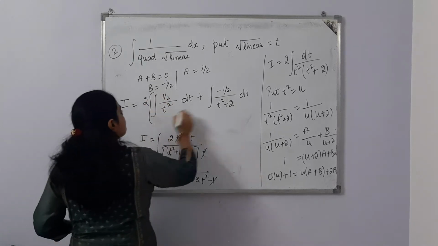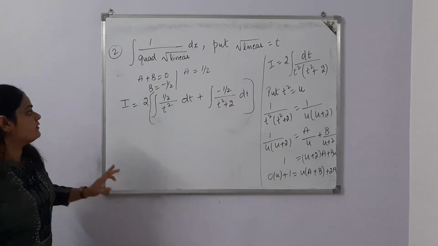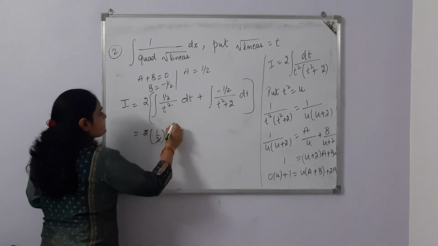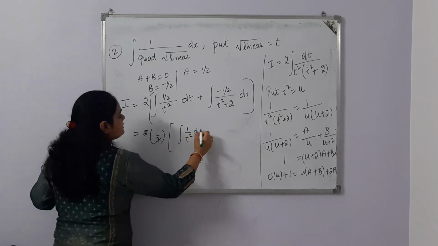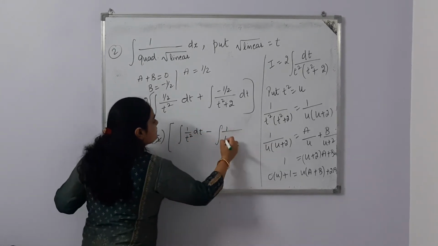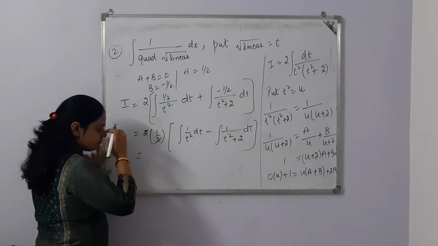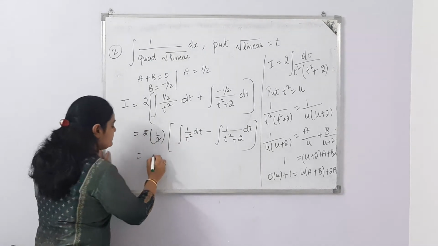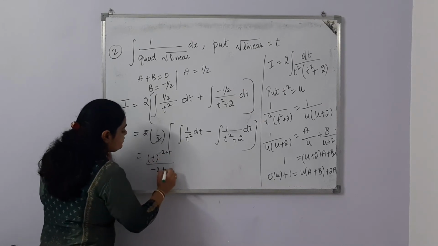And here 2 is outside, so we can take 1 by 2 as common. So it is 1 by t square dt minus 1 upon t square plus 2 dt. For t raised to power minus 2, the formula for x raised to power n is applicable, which is t raised to power minus 2 plus 1 over minus 2 plus 1.